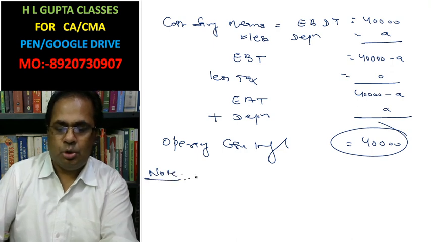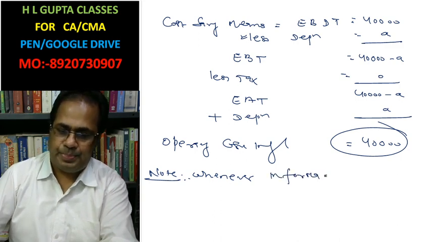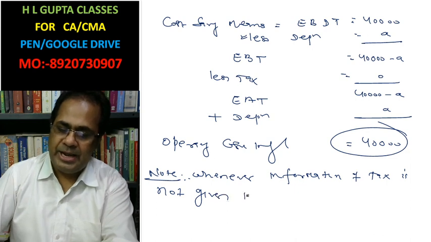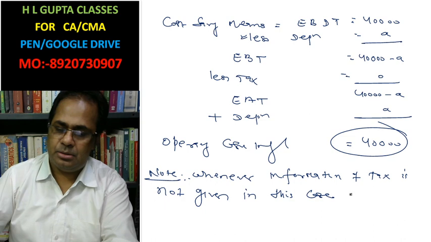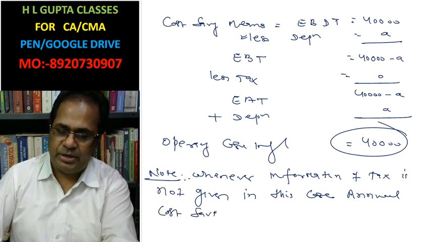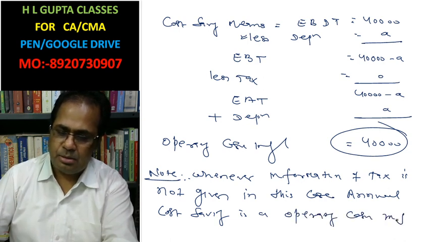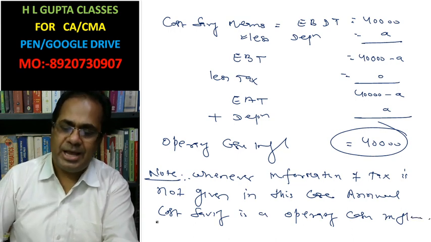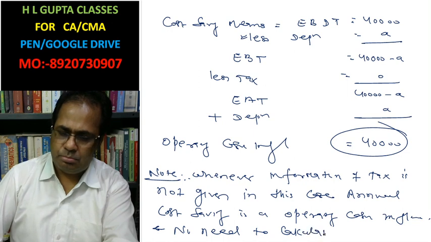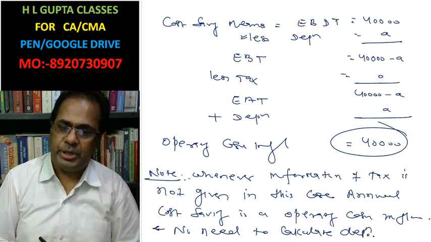Note: whenever information of depreciation is not given and information of tax is not given, in this case annual cost saving is the operating cash inflow, and there is no need to calculate depreciation, because there is no tax.